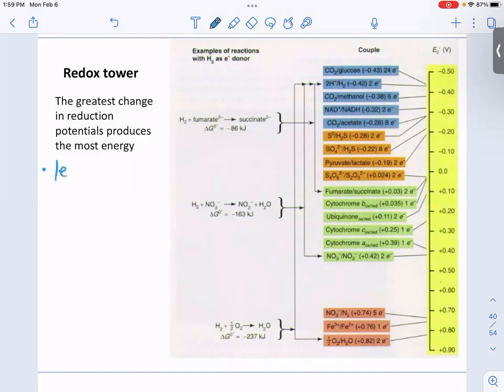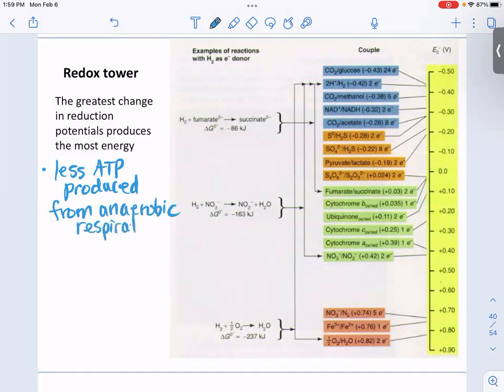So less ATP is produced from anaerobic respiration compared to aerobic.